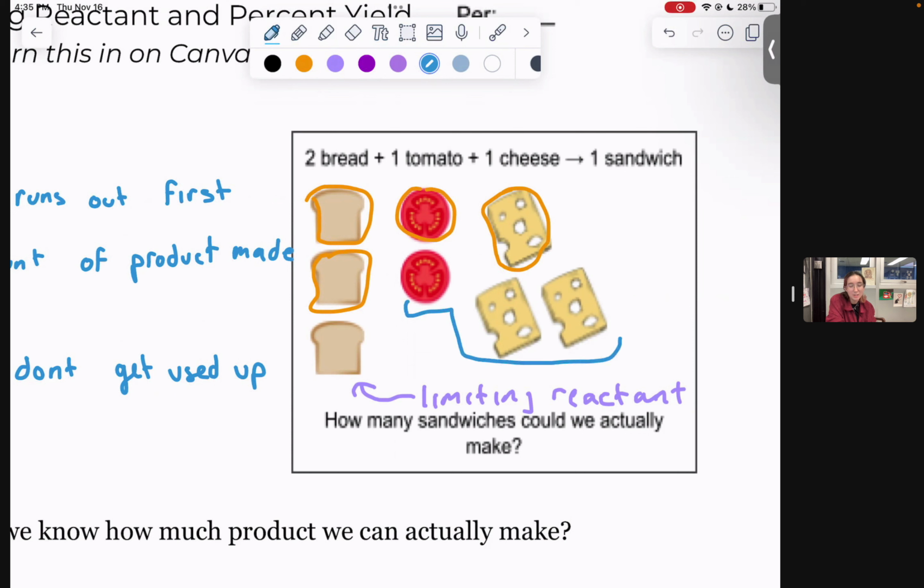Imagine if you tried to make half a sandwich, yeah, we could use up one of these breads, but we'd still be left over with the other ones. These are going to be our excess reactants, the ones that aren't going to run out as fast. Okay, so that's the situation.